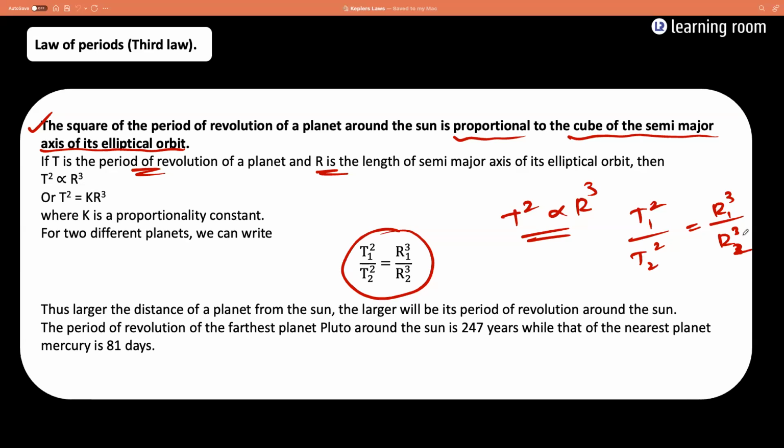It takes 247 years to complete one revolution, whereas for Mercury it takes only 81 days. Is the point clear? Will I proceed?